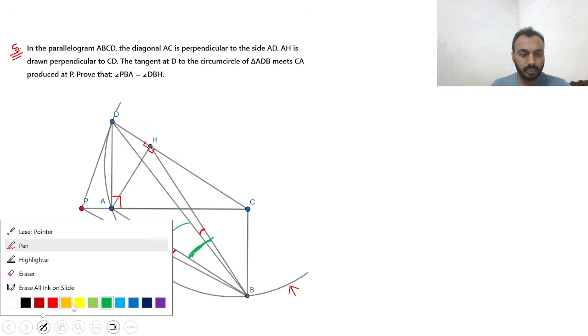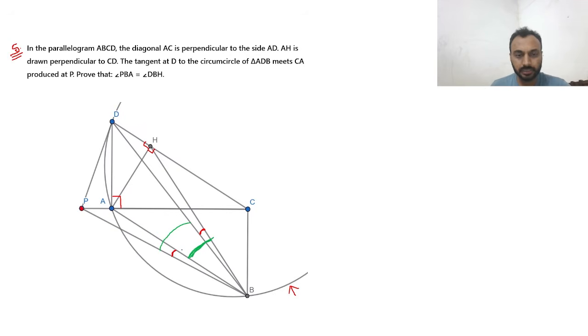If these are equal, then we can add this angle in both the angles. So we can try to prove that angle PBD is equal to angle ABH.